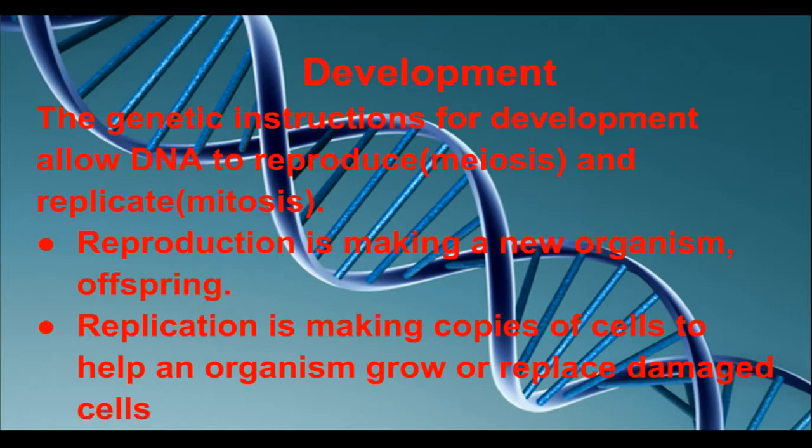And then if there's an injury or damage to a part of an organism, then it's going to need to also replace cells if possible. So the injury is small enough that the organism can repair itself. It's going to do that through the process of mitosis, making new cells to replace the damaged ones.